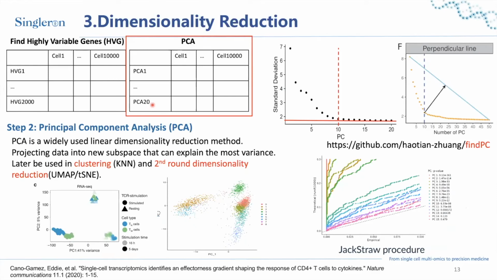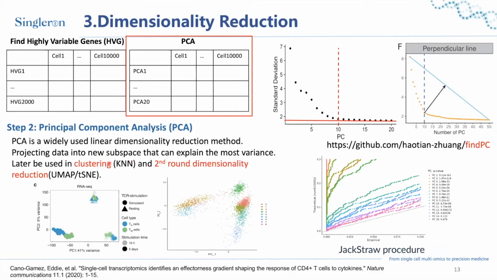So after that, we will do principal component analysis. Principal component analysis, which is PCA, is a widely used linear dimensionality reduction method. It projects data into new components that explain the most variance of the data.